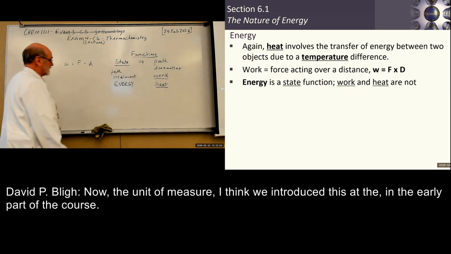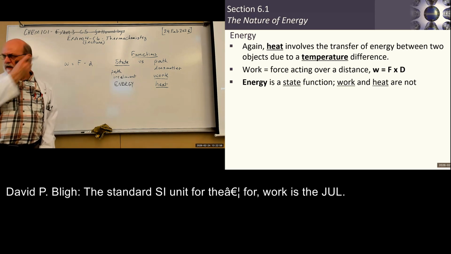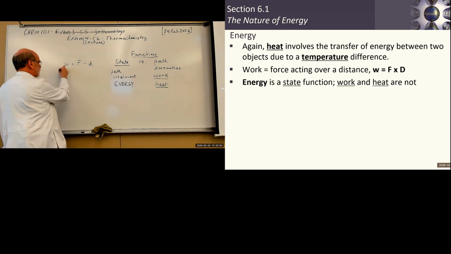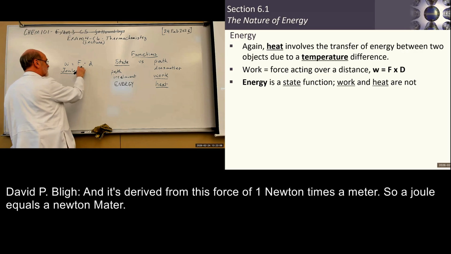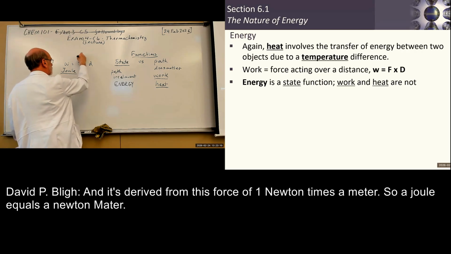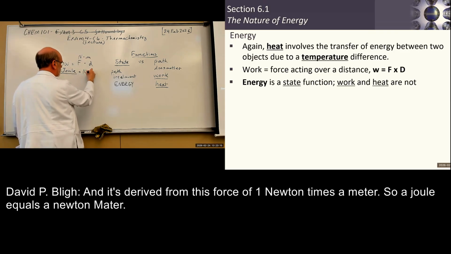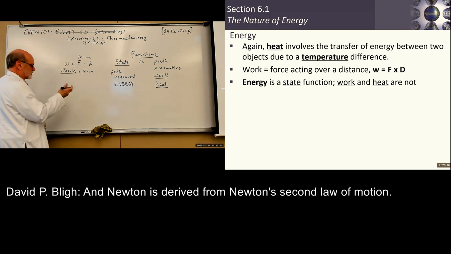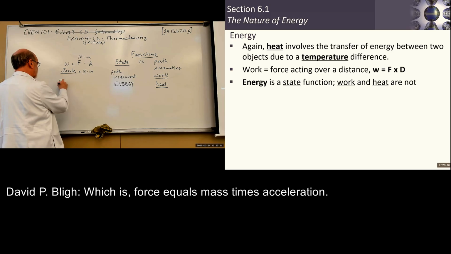Now, the unit of measure, I think we introduced this in the early part of the course. The standard SI unit for work is the joule, right? And it's derived from a force of 1 Newton times a meter, so a joule equals a Newton meter. And Newton is derived from Newton's second law of motion, which is force equals mass times acceleration.